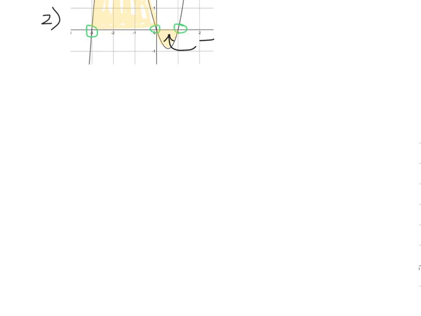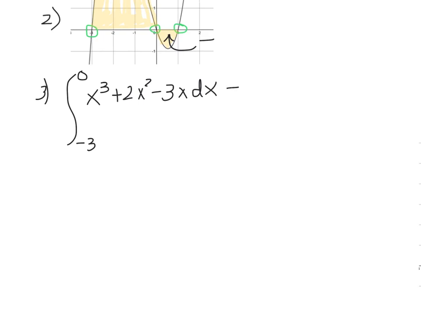So our definite integral is going to look like this. Integral between -3 and 0, so we're looking at the area of the first arch, of x cubed plus 2x squared minus 3x dx, minus the integral between 0 and 1 of the same function.